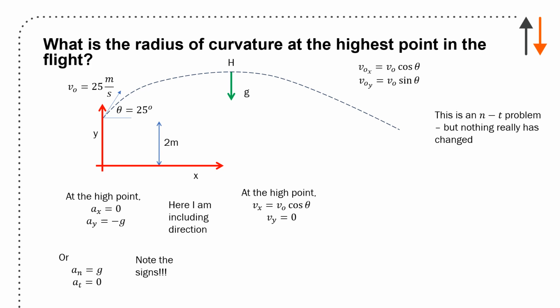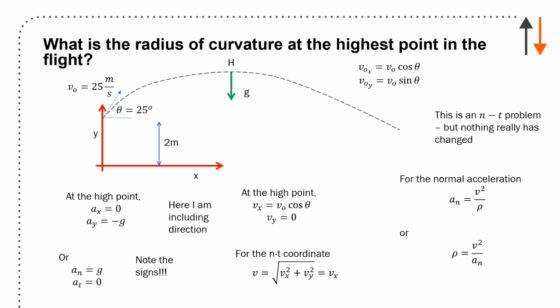At the high point, Vx is equal to V0 cos theta, and Vy is equal to 0. So V is equal to Vx, so the speed is equal to the velocity in the x direction. For the normal acceleration, a sub n is v squared divided by rho. Substitute in, rho is equal to v squared divided by a sub n, and you get rho is equal to 52.3 meters.